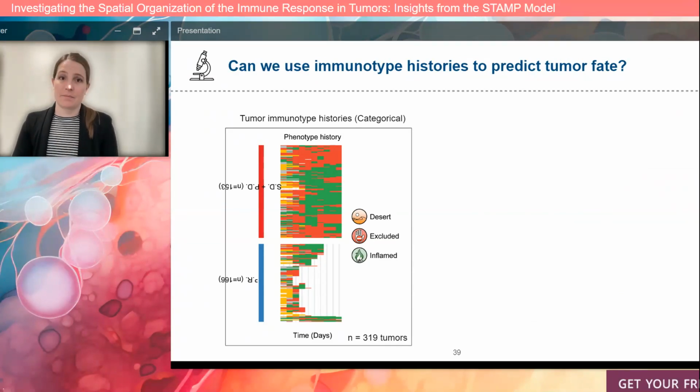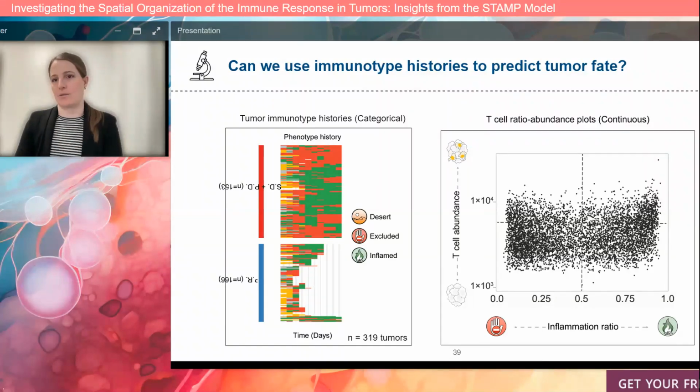So we can take these tumor immunotype histories and translate them into what we call these T cell ratio abundance plots. So now here, every point is a single tumor at a single time point, representing the total amount of T cells present on the y-axis and the infiltration ratio, or the degree of T cell exclusion, on the x-axis.